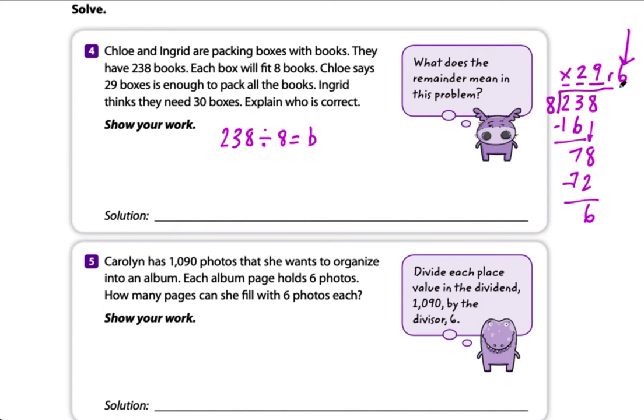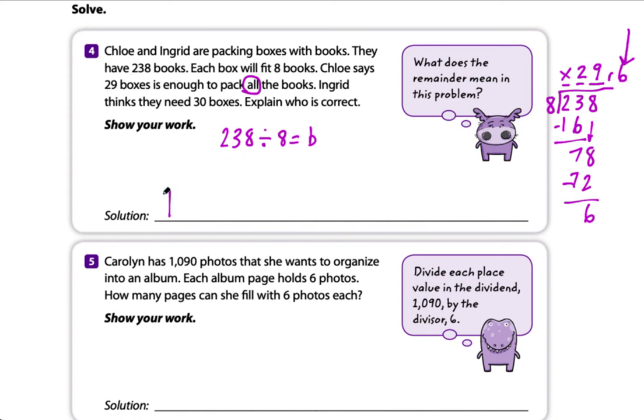Who's correct? Is it Chloe with 29 or Ingrid with 30?